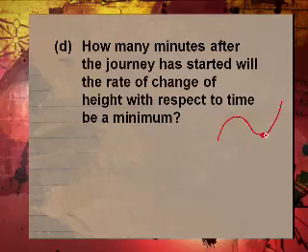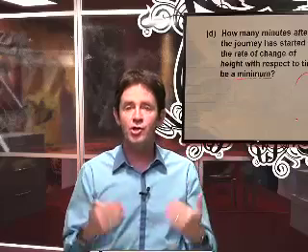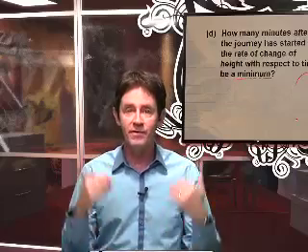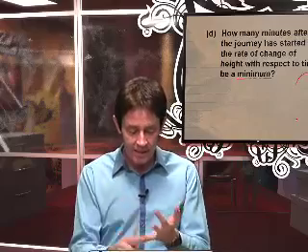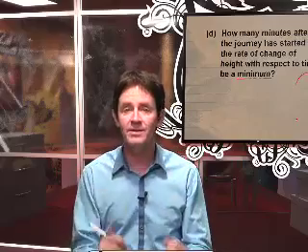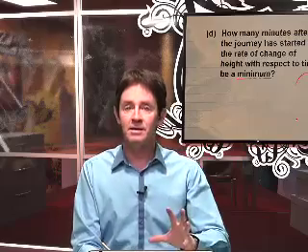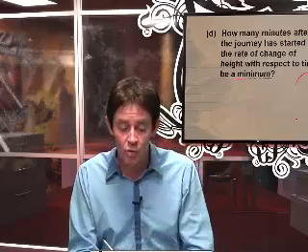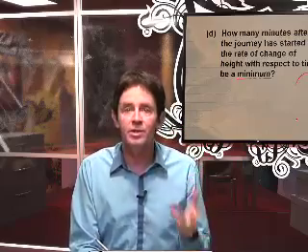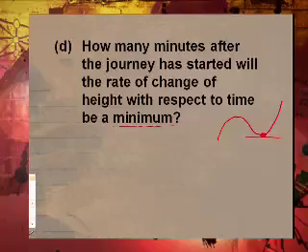The most important principle is that when you're at a minimum, the derivative is 0. It's like a turning point of this graph. So when we do minimum and maximum problems, the derivative is 0 at a turning point.